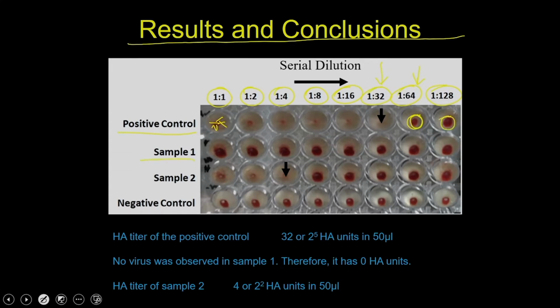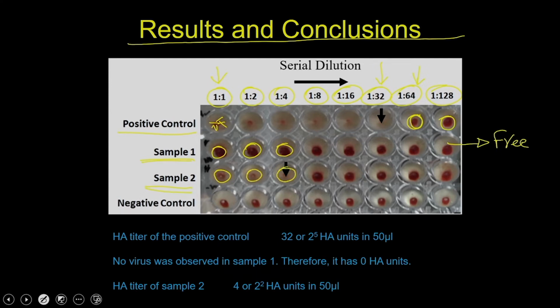Now, you have sample 1 and sample 2. In sample 1, you see that it is free of viruses because it is not showing hemagglutination. The RBC buttons are present from the first well itself. Whereas, in sample number 2, you have the agglutination reaction, the hazy pattern here, here, and here.